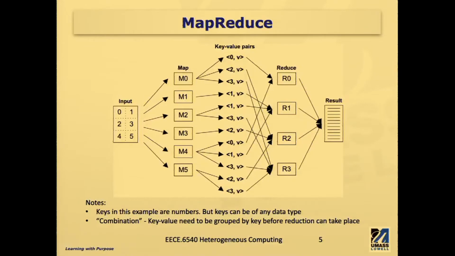In this example, we have 6 processors, and we will perform this partition to divide the original input into 6 pieces. And typically these are equal sized pieces because you don't want one of the processors to get significantly more work to do than the other processors.